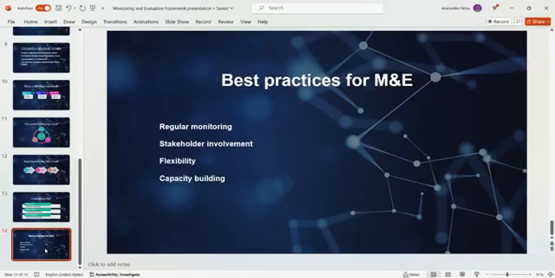Now, let's talk about the best practice of M&E. It could be regular monitoring, make sure that your stakeholders are involved, but also you must be flexible. Flexible in the sense that you shouldn't be rigid in terms of your requirements. Maybe in terms of data collection, this is the kind of data that you want, and you want the data to be exactly as specified.